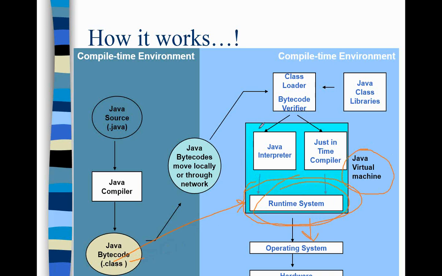Automatically, internally, it will convert this bytecode from 64-bit to 32-bit and then pass it to the operating system for execution. So as a programmer, we are shielded from the task of compiling the program again and again based on which machine I want to run it on. That is why it is called compile once, run anywhere.